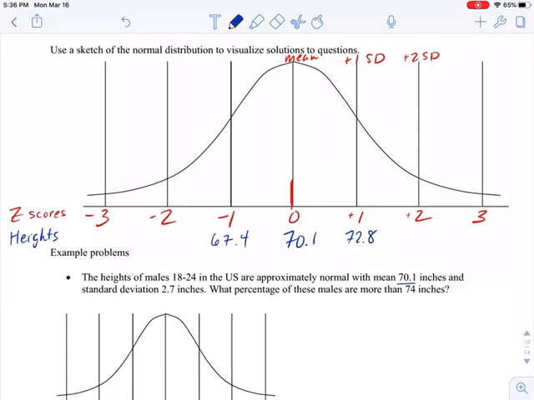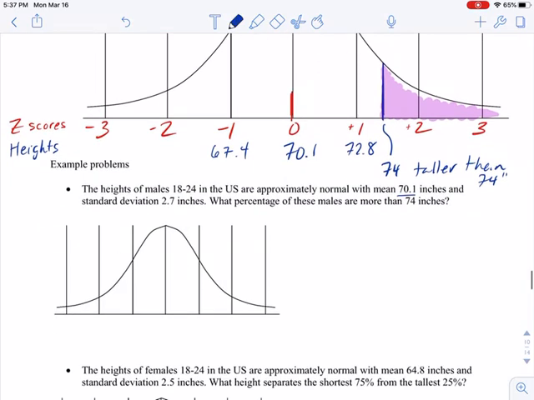So the question is, what percentage of these males are more than 74 inches? If I were to sketch this, 74 inches, I don't know exactly where it is, but let's say it's right here. The idea here is that this purple shaded area represents people who are taller than 74 inches high.